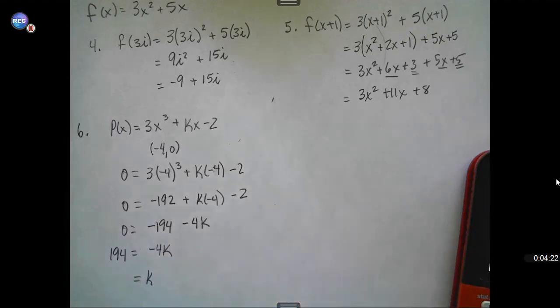K is 194 divided by negative 4, which is negative 48.5. As a fraction, it's negative 97 over 2.